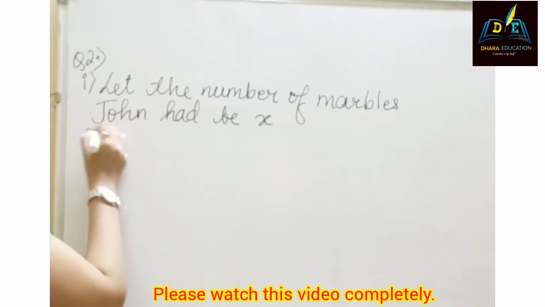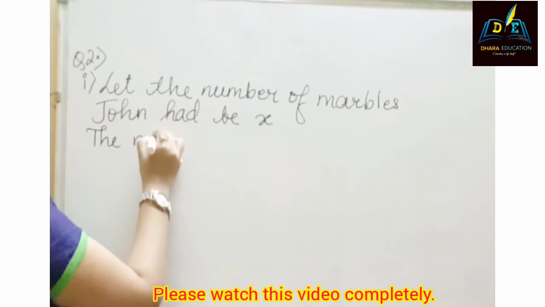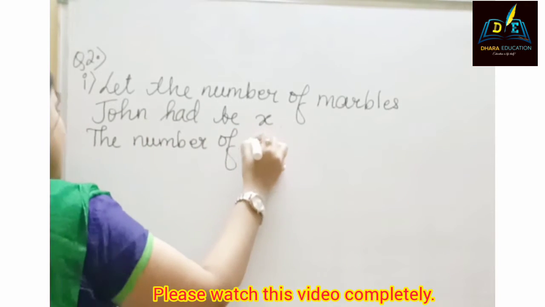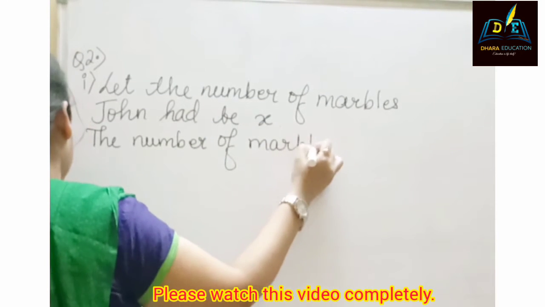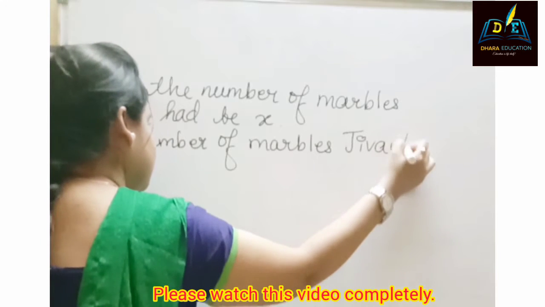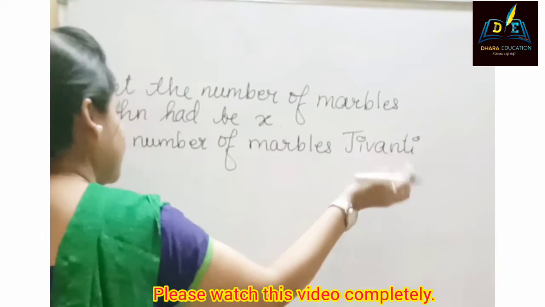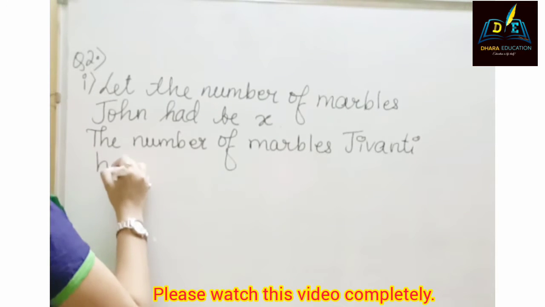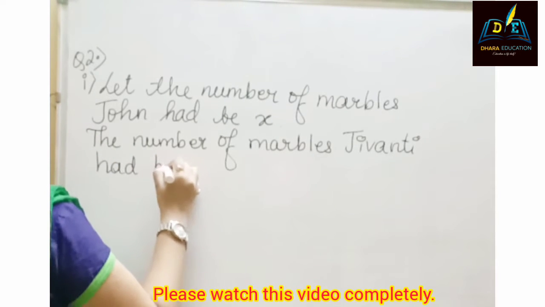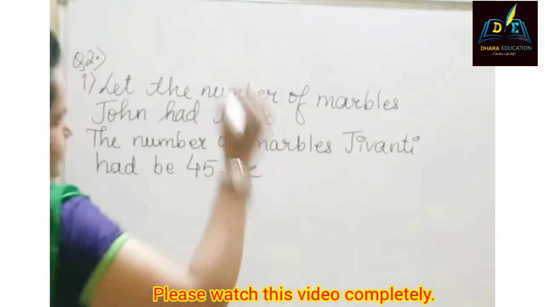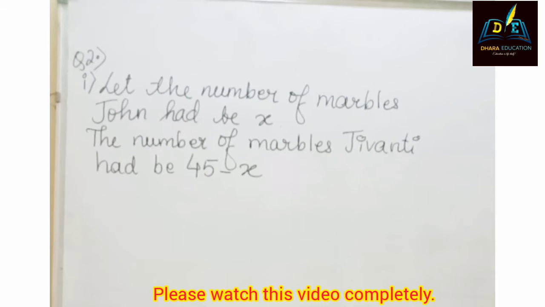Afterwards, it is mentioned that the number of marbles Jivanti had be 45 minus x. So here's the condition which is given in the question.